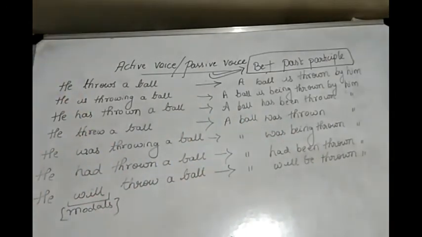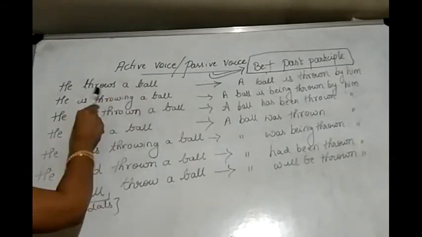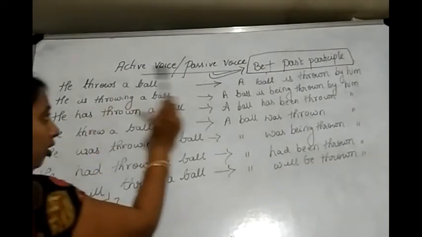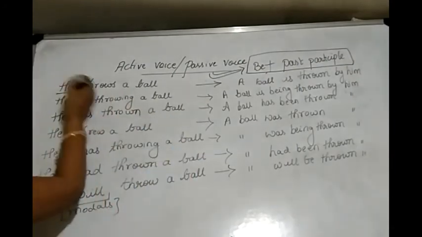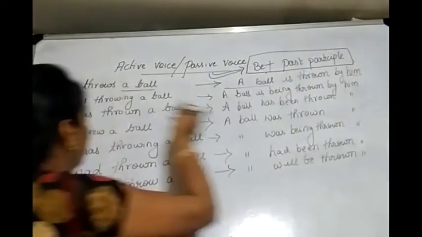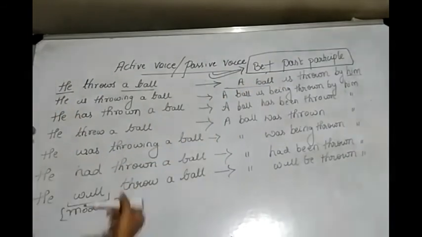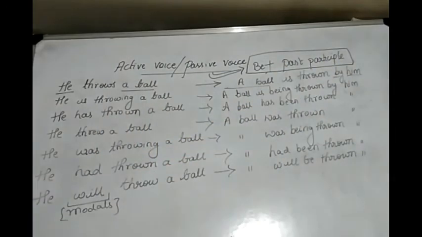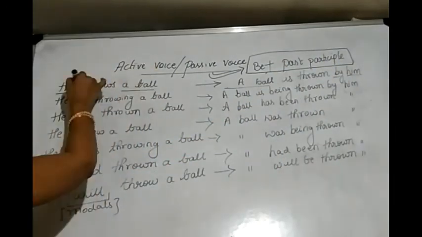First, let us go for he throws a ball. Do you remember I said do forms? Throws means it's a do form. First, find out subject, object, reverse it. So, a ball becomes a subject, he becomes him. Then, we have to add by before him, then throw.